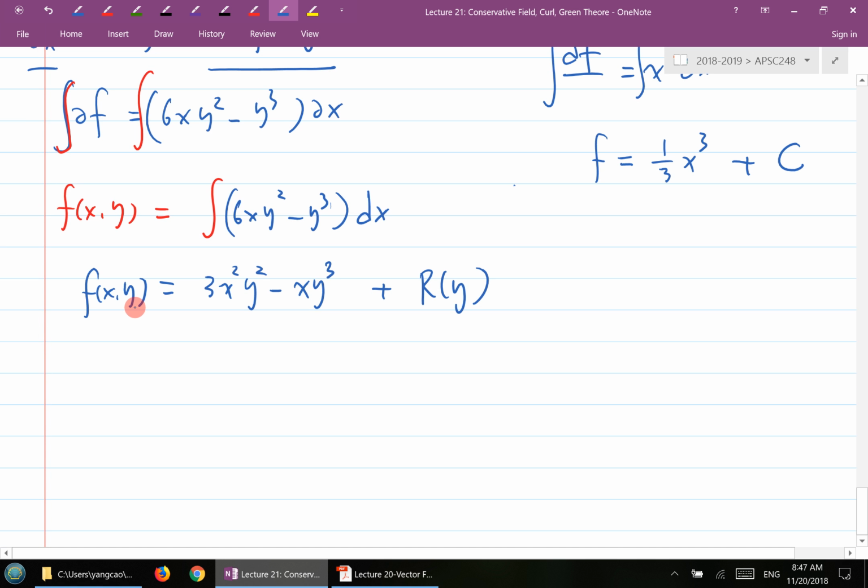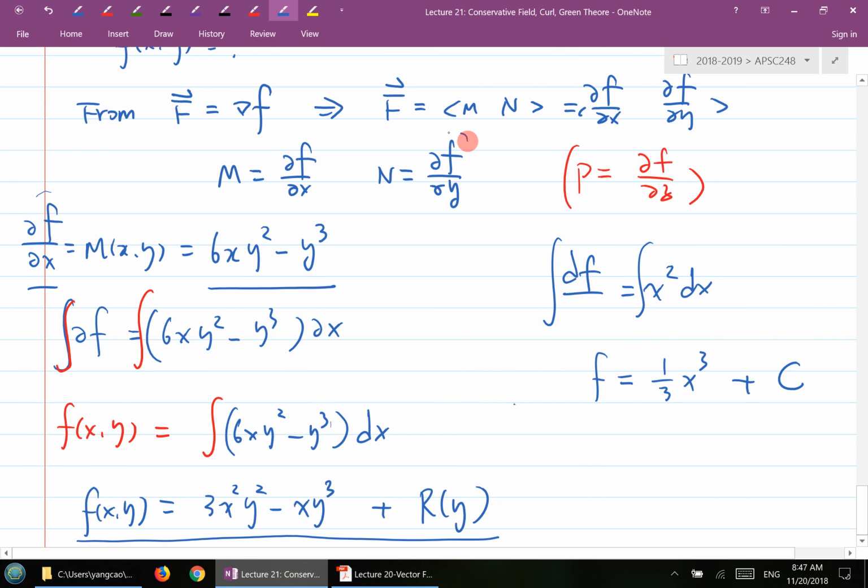So after this step, you find your potential function, which is this. But this is not good because I have an unknown function r of y here, right? So I need to figure this out. So what do we do? We made use of the first condition here, so we make use of the other condition to figure out the r of y.